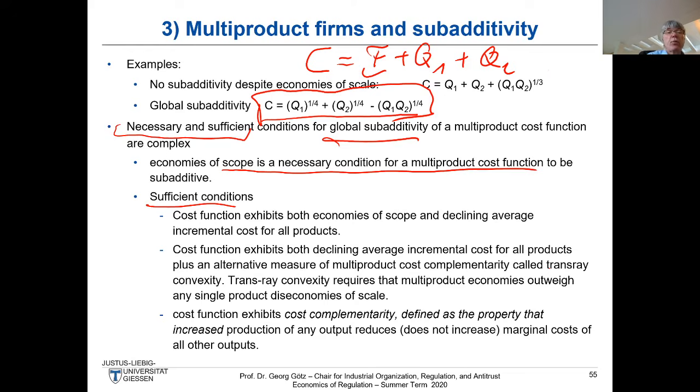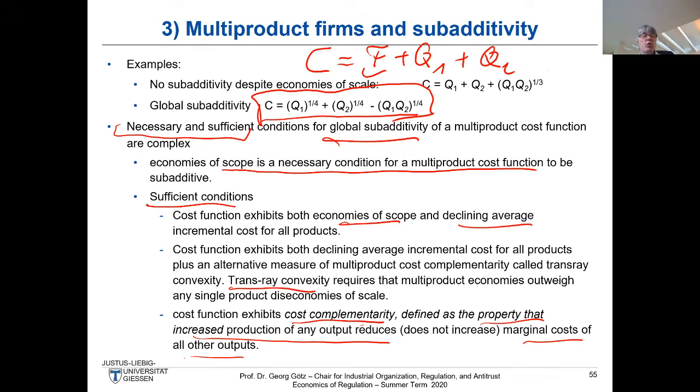Okay, so the point is, and I don't go into detail here, if you have some economies of scope and some declining average incremental cost, that's sufficient. Trans-ray convexity, I don't want to discuss that. Go to Baumol's book if you want to spend more time on that. Some cost complementarity. Cost complementarity here is meant as a property that increased production of any output reduces marginal costs of all other outputs.